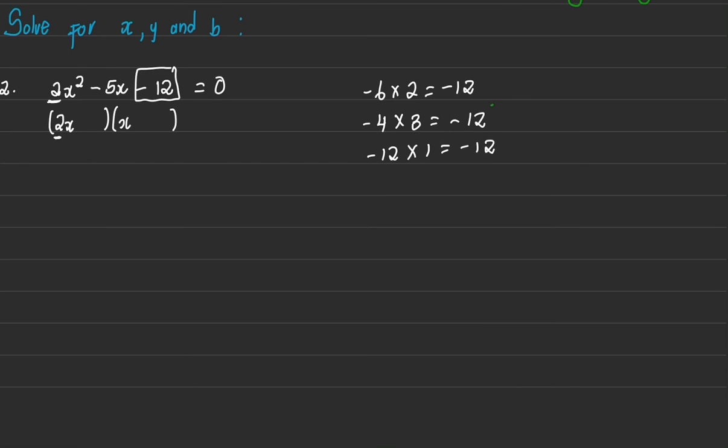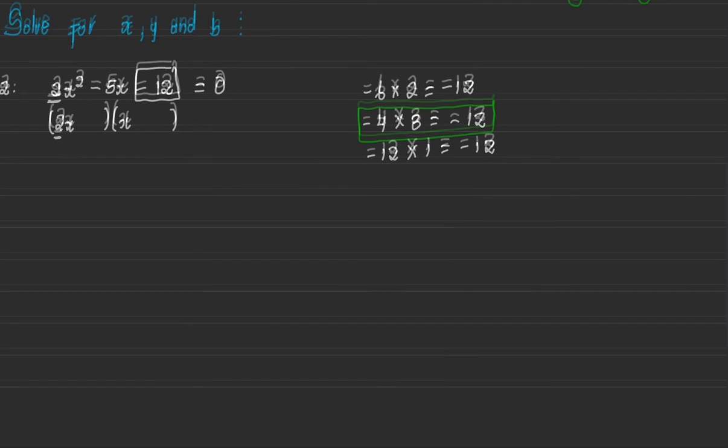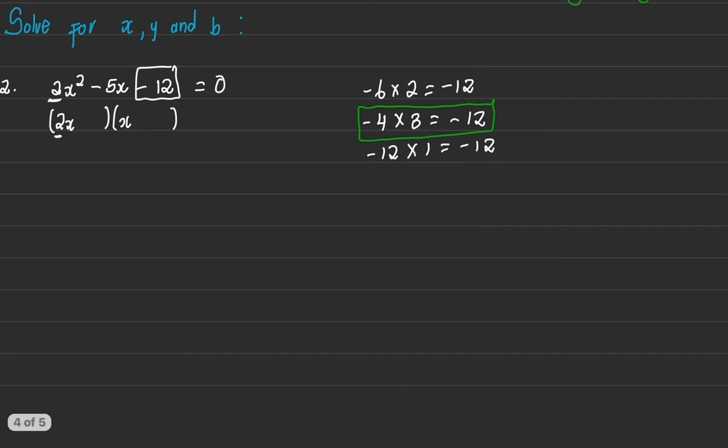So in this case, the factors with the lowest numbers are this one. So let's put them into use. I am going to take my -4 and +3 and put them into the brackets. So I'm going to have 2x plus 3 and x minus 4, which is equal to 0.